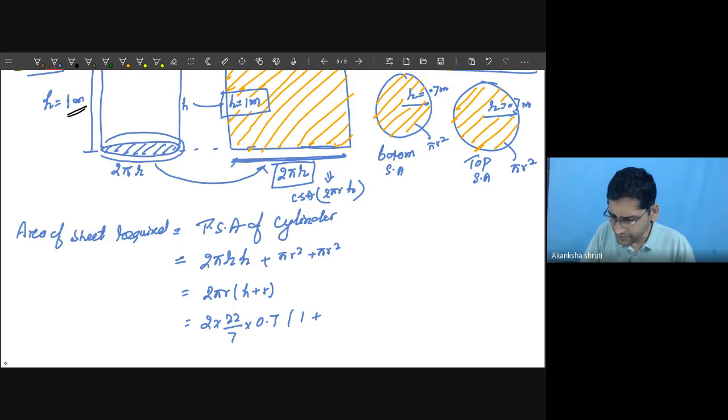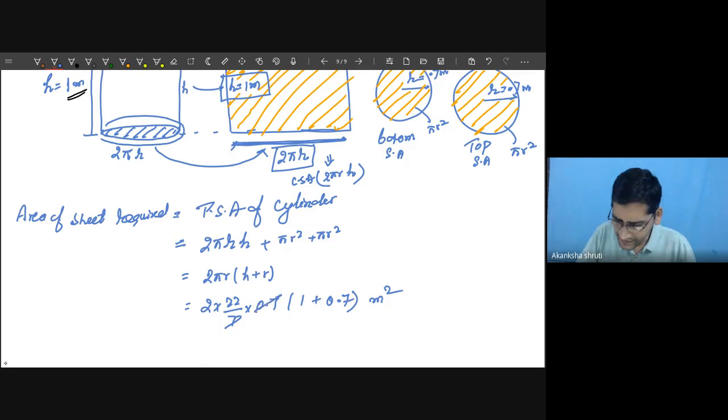We shall be careful. 0.7. Entire area is meter into meter, meter square, or a square meter. So these 7 can be cancelled as 0.1. 2 2s are 4, so 44, it becomes 4.4 into 1.7.